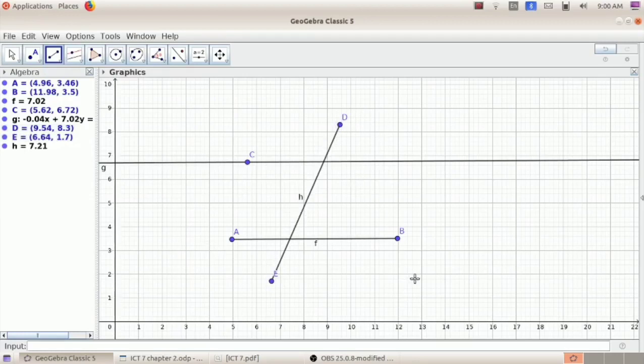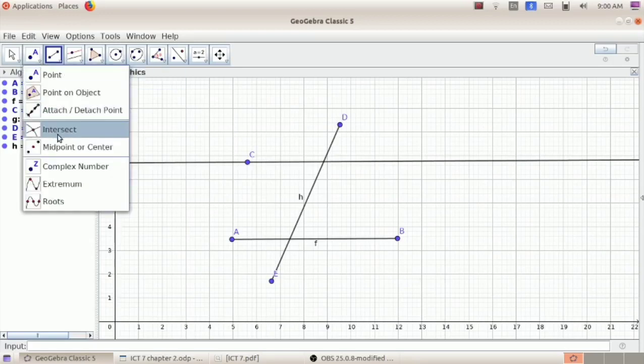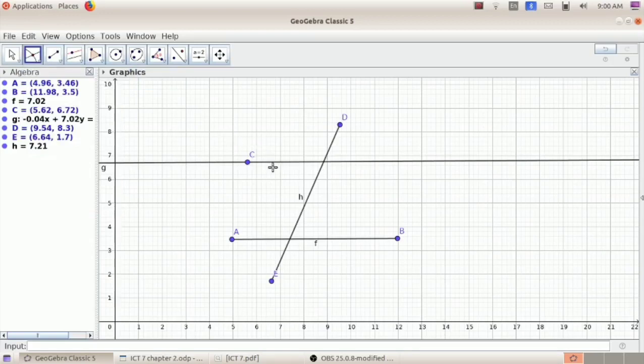Now we have to find out the intersection points of these lines. For that, we have to select the intersect tool, click on this line, click on the second line. We got the intersection point. Now click on this line, click on the second line. We got that intersection point.